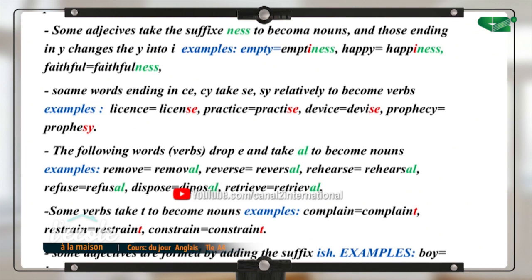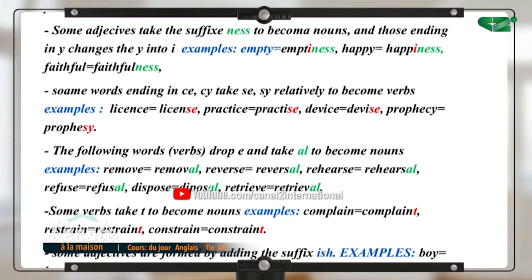You see, the last but one letter was C and the last letter E. Since it was a noun, to have it in a verb form, you will change the CE into SE to have license. Practice gives you practise, but with SE. Device gives you devise, but with SE.